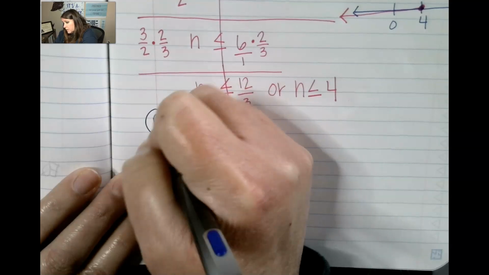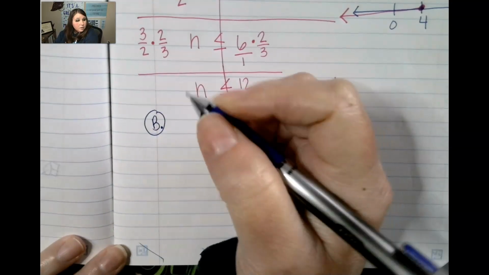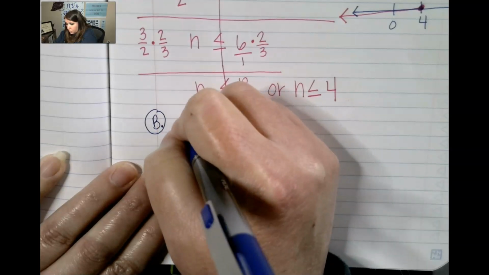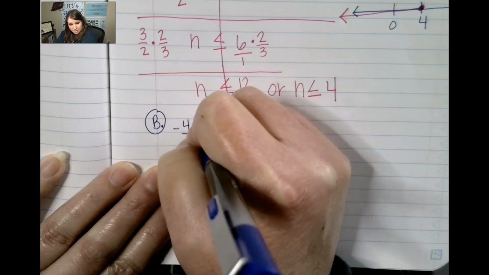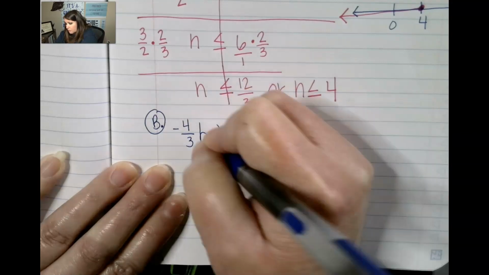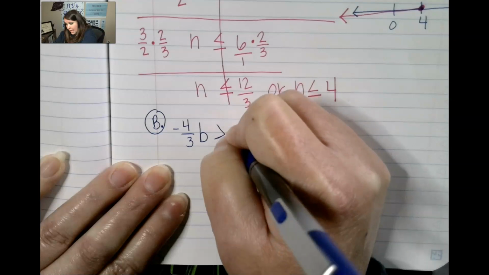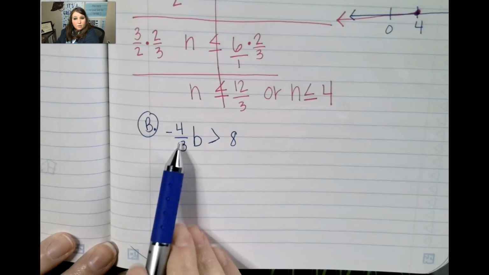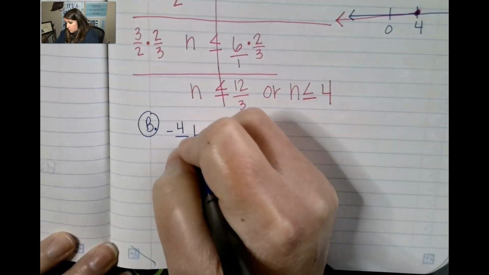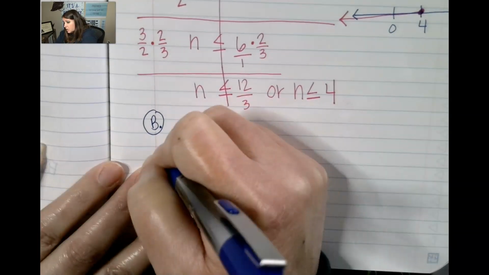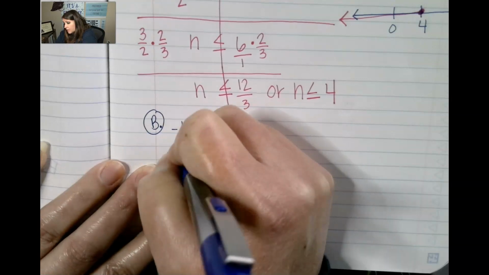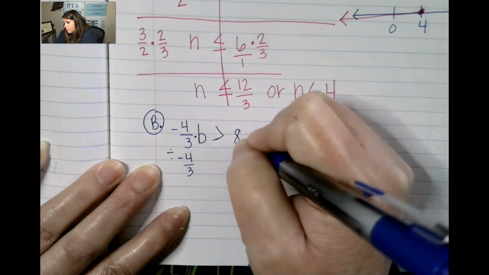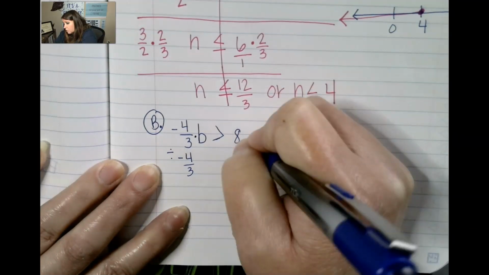Okay, so example B. On this example, I have negative 4 over 3b is greater than 8. Okay, so right now this is multiplying. So when we multiply, we're actually going to divide by negative 4 over 3. So on this side, I need to divide by negative 4 over 3.